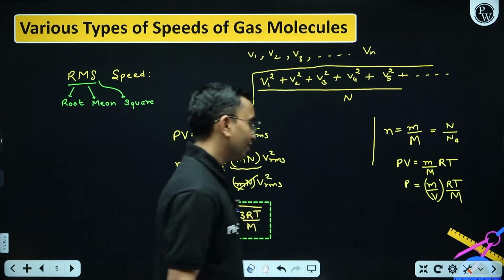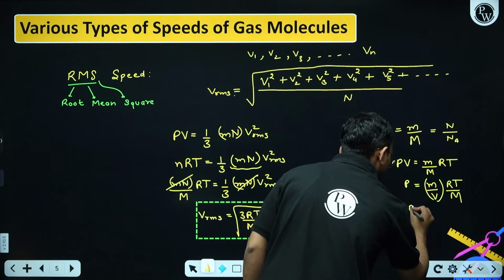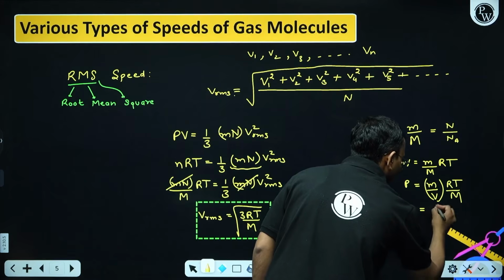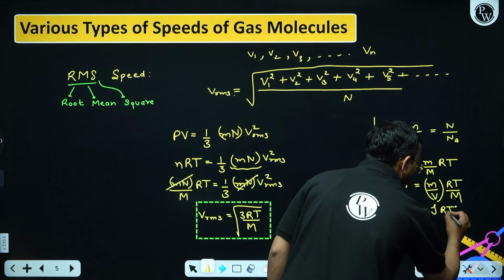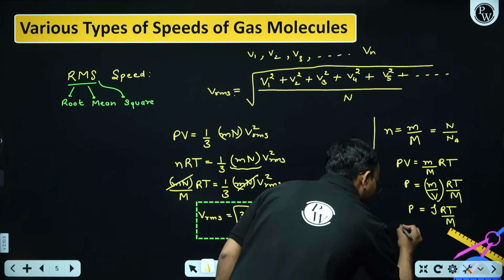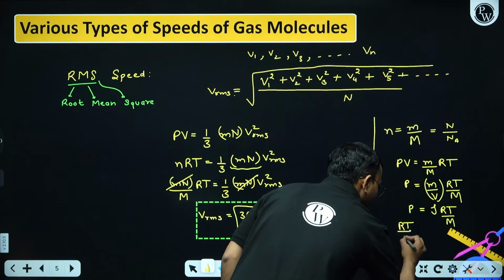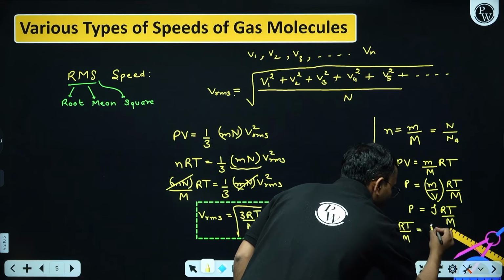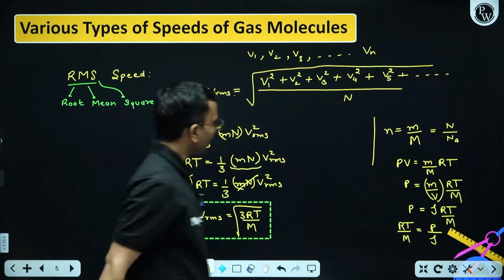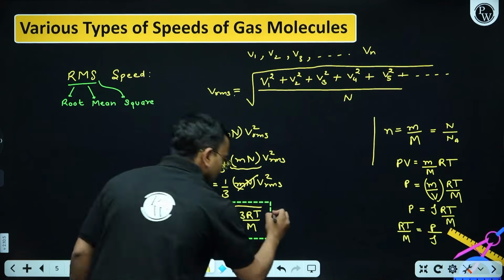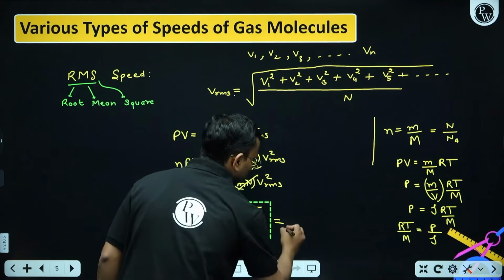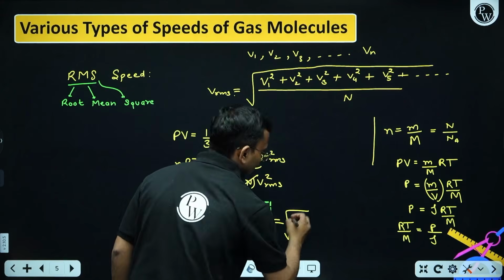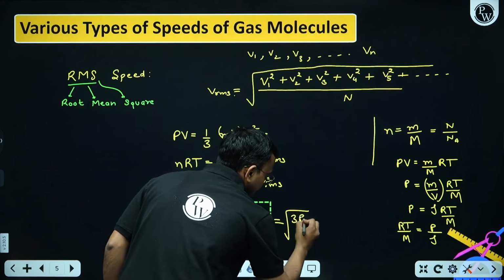That is the density. So P is equal to rho RT by M. So RT by M I can replace as P by rho. Put it here. So this will become root of 3P by rho.